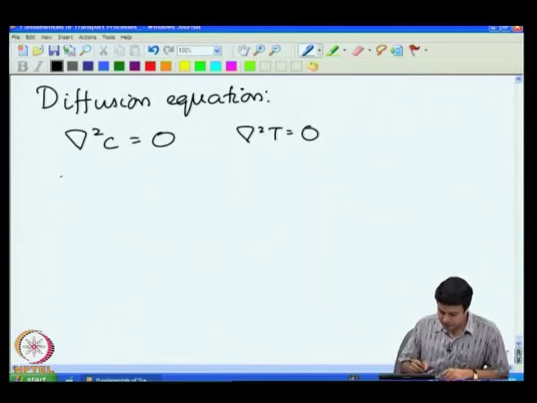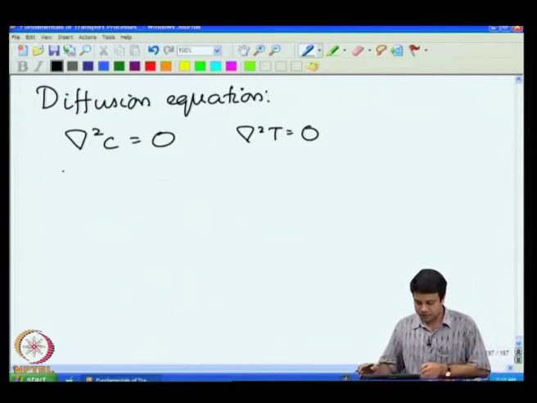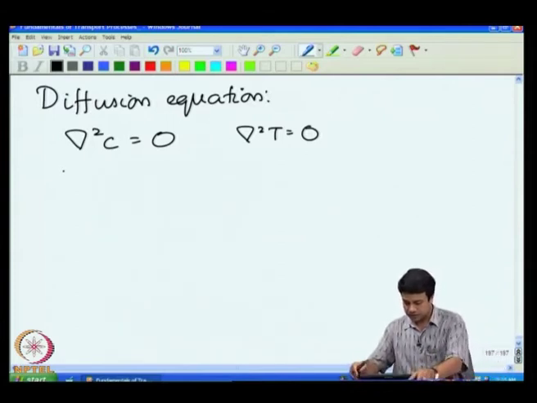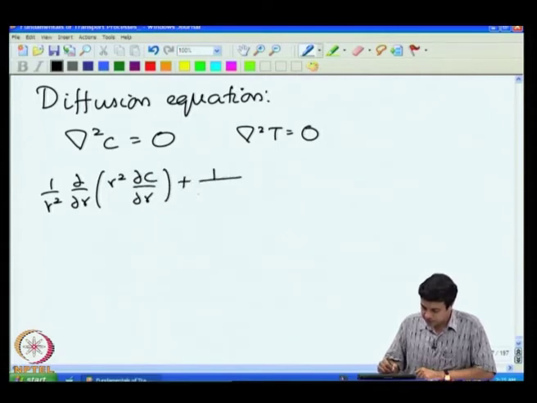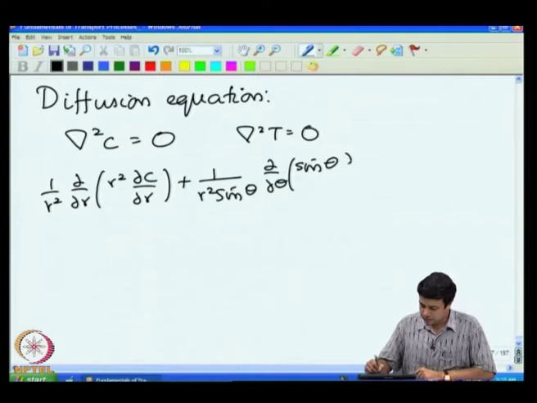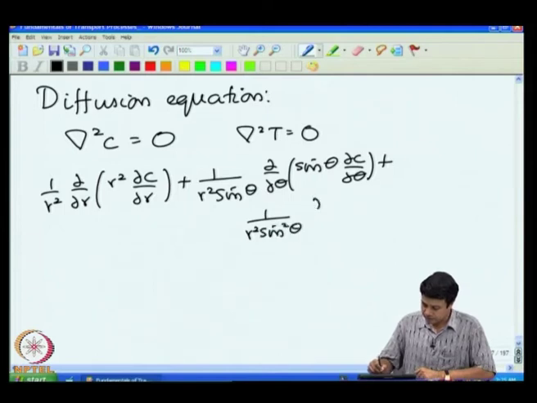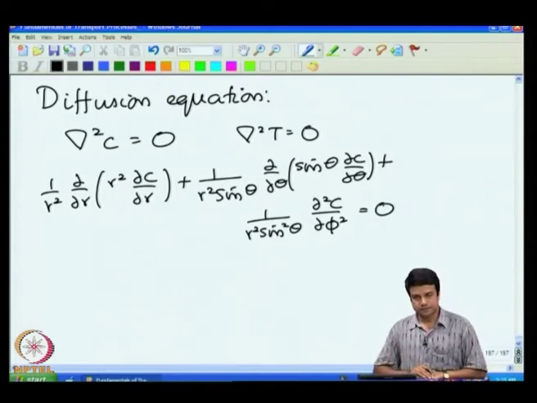So, the conservation equation del square c is equal to 0 in spherical coordinates is given by 1 by r square d by dr of r square partial c by partial r plus 1 over r square sin theta d by d theta of sin theta partial c by partial theta plus 1 over r square sin square theta partial square c by partial phi square is equal to 0.